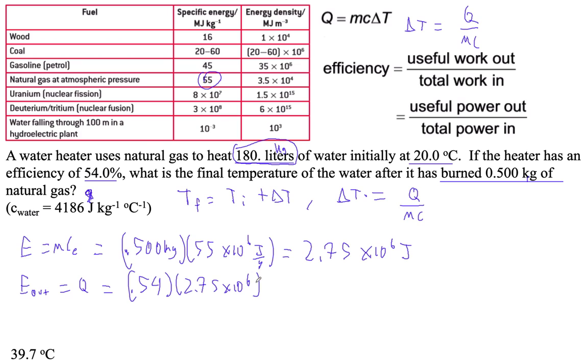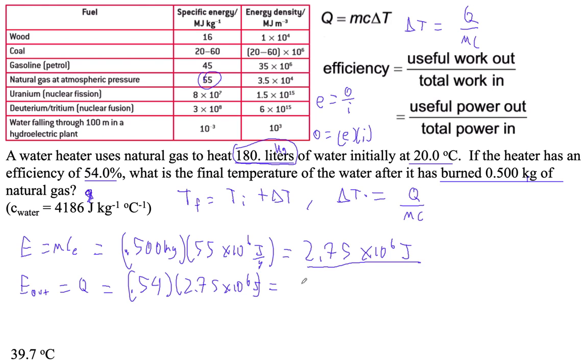And what I just did there, by the way, is I just did this. If efficiency is output over input, then output is efficiency times input. This is our input. This heat that goes into the water is going to be the output.